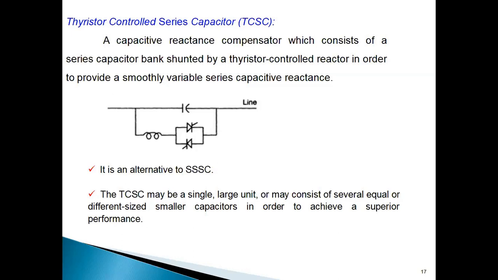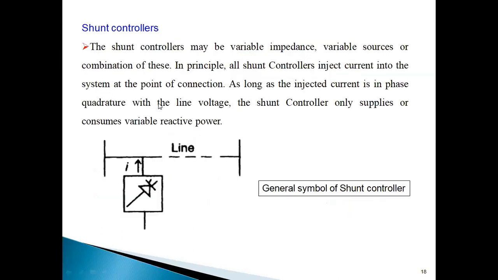If XC increases, XL minus XC will decrease, and the impedance will decrease. Because of this, IZ drop will decrease, and finally V2, the receiving end voltage, will be increased. This is the concept of how we are able to have voltage control with series compensation, and we'll discuss this in detail in a later part.